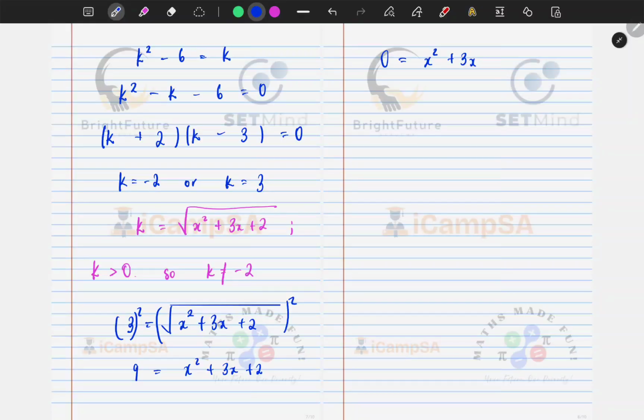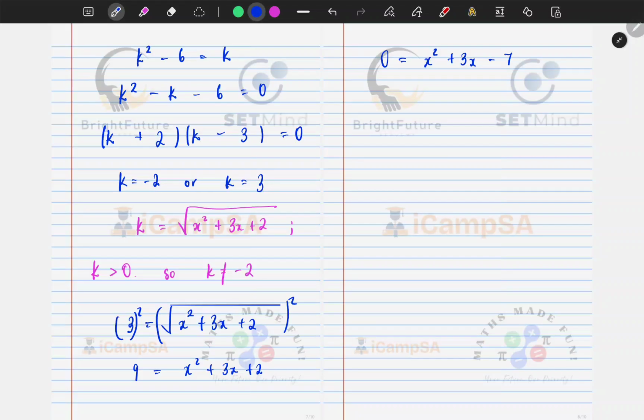So 2 minus 9 is going to be -7. Already I can see I have 7, and there are no factors of 7 that will give me a +3. So what I need to do here is use the quadratic formula.